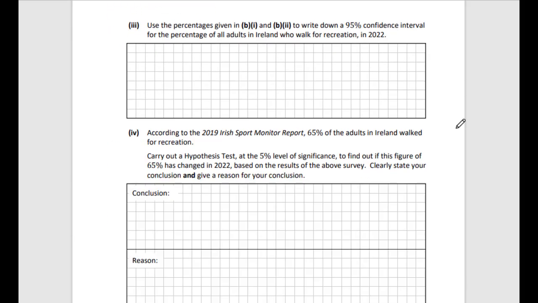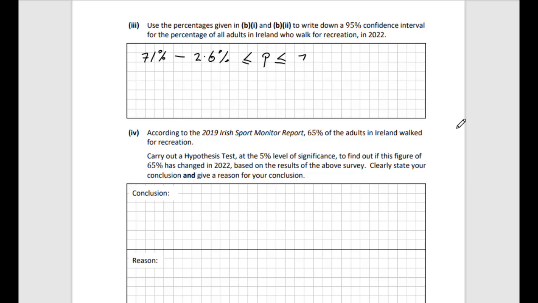Okay, next one, use the percentage given in 1 and 2 from B to write down a 95% confidence interval for the percentage of adults in Ireland who walk for recreation. So the percentage of people who walk for recreation in 2022, we'll call it P, is going to be somewhere between 71% on this side, and we've got to subtract 2.6%.